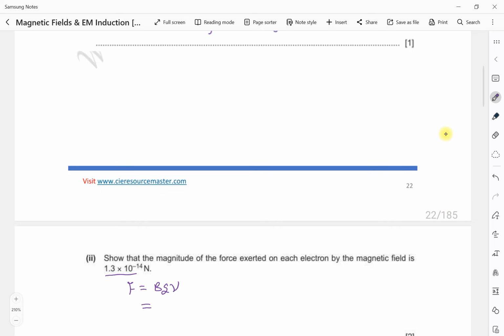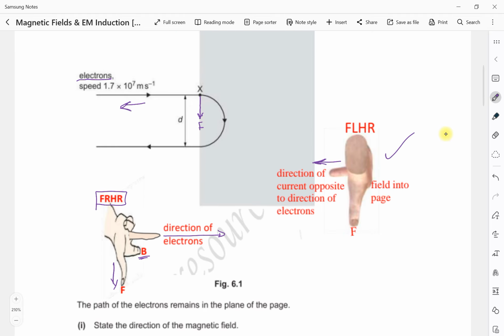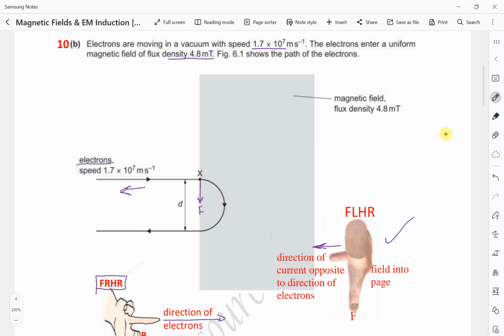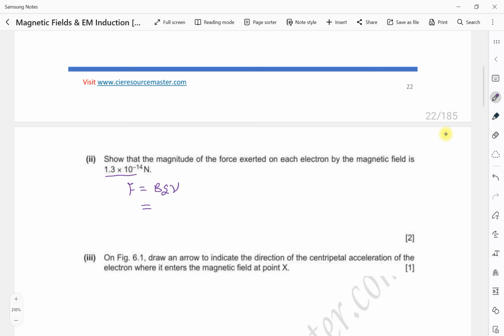B is 4.8 milliteslas, that's times 10 to the power of minus 3. Then Q is 1.6 times 10 to the power of minus 19. Then V was 1.7 times 10 to the power of 7 meters per second.